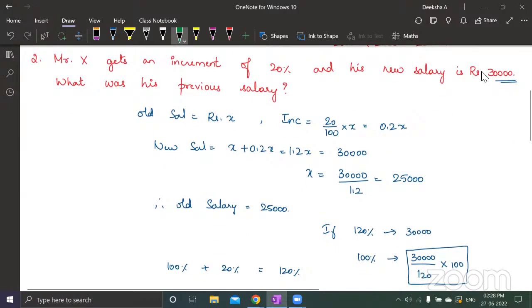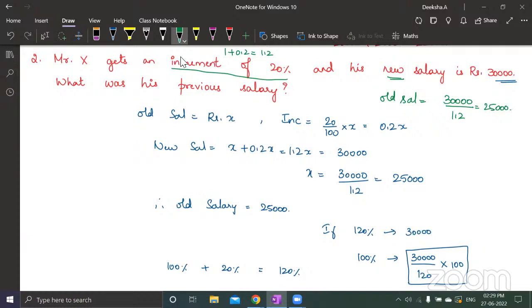Here, 30,000 is given, which is new value. We are supposed to find old value. So old value or old salary is equal to new value divided by increment of 20% means 1 plus 0.2, which gives you 1.2. So divided by 1.2, you will get 25,000. Everyone understood this?